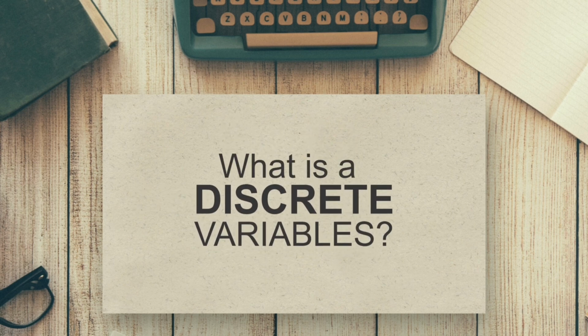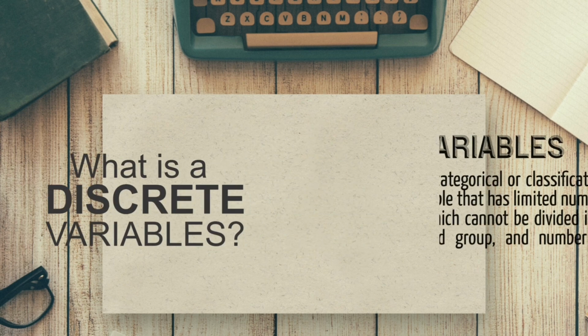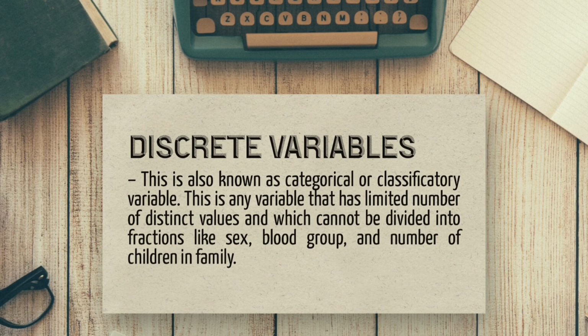Now let's go to the second type of variable, which is discrete variables. This kind of variable is also known as categorical or classificatory variable. This is any variable that has a limited number of distinct values and which cannot be divided into fractions.